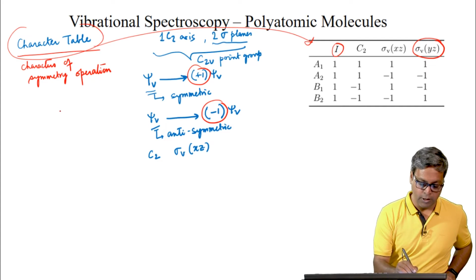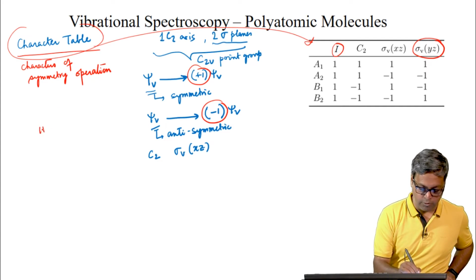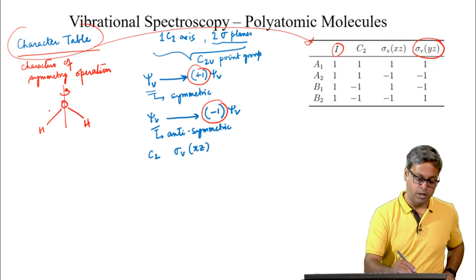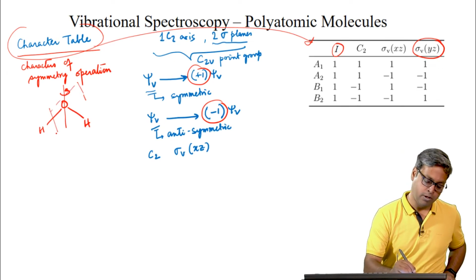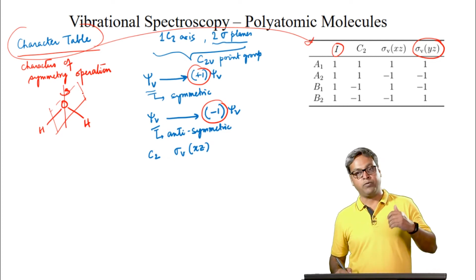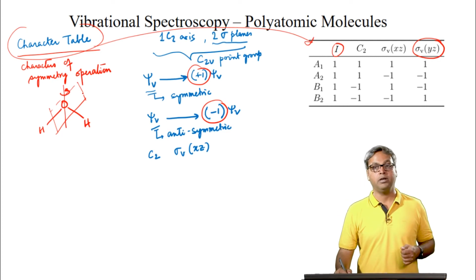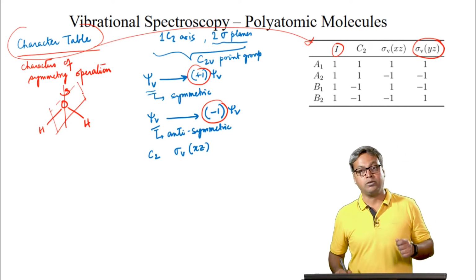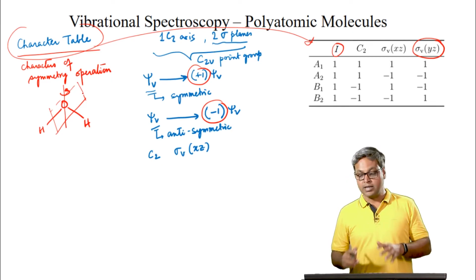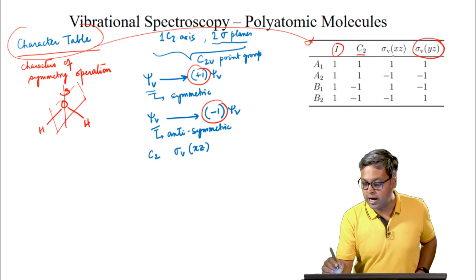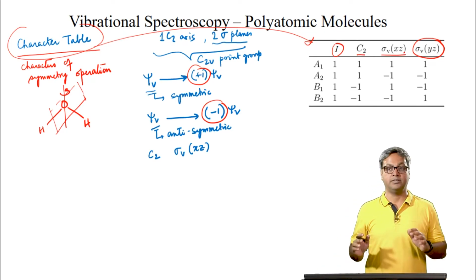That means, if we have the water molecule and we perform the C2 operation and also perform the sigma v xz operation, then what we end up with is sigma v yz operation. So, thus the characters with respect to sigma v yz is the product of characters with respect to C2 and sigma v xz.